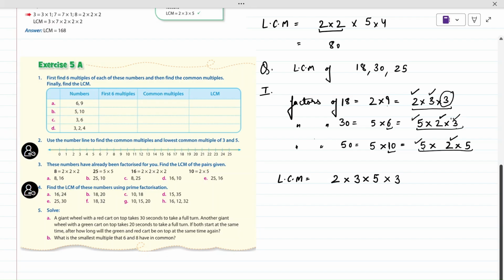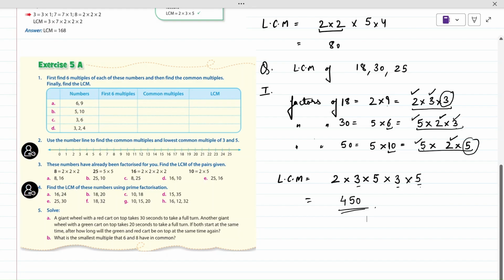Here all these factors are covered, and in the last one this 5 is not common, so we will consider this also. Now we have to multiply them together. 3 into 3 is 9, 9 into 5 is 45, 45 into 10 is 450. That is the LCM of the numbers.